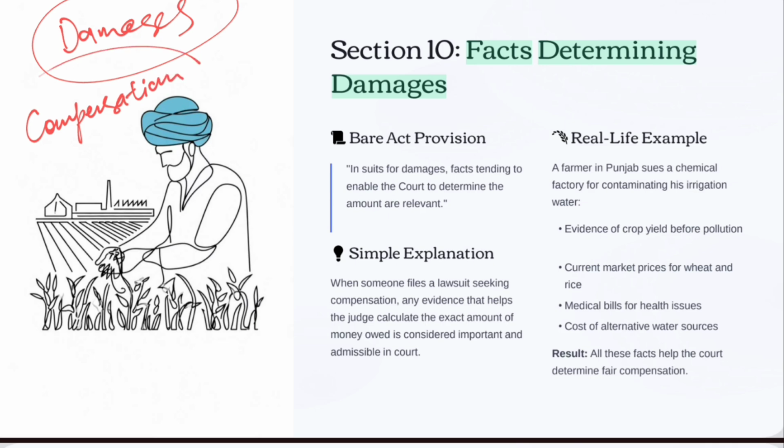So there are various cases where compensation is to be paid by the wrongdoer to the victim. What would be the amount of compensation is also decided by the court, and any fact which helps the court to decide what ought to be the proper compensation or damages are relevant, and evidences to prove those facts are admissible.